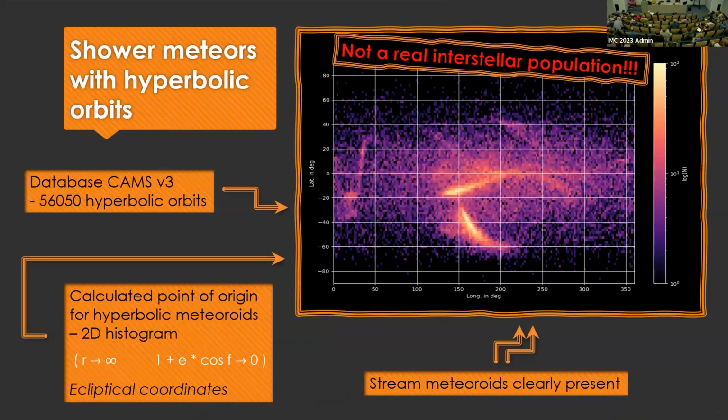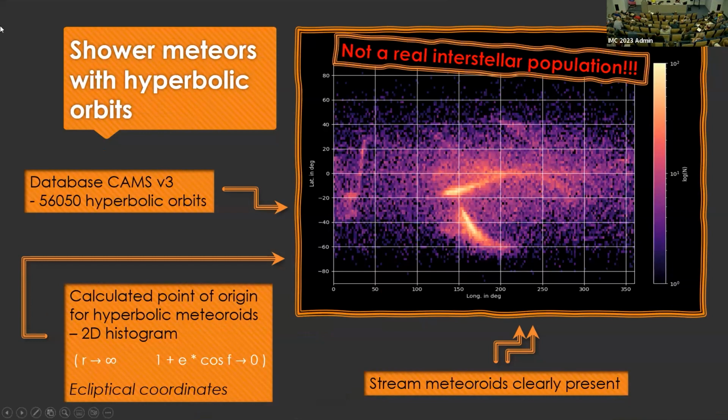So let's imagine that we take a hyperbolic population from some database, and we do not use error propagation. We assume that we are working with an interstellar population. There is quite a simple way to calculate the point of origin for hyperbolic meteoroids with simple celestial mechanics, which I'm not going to get into.